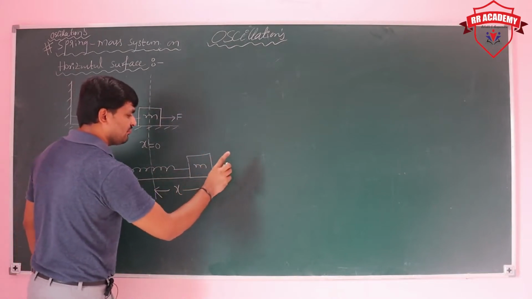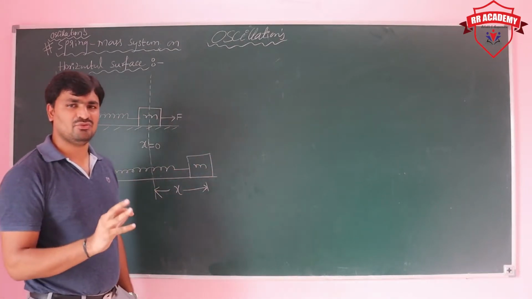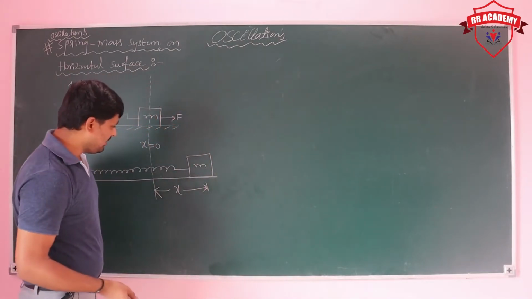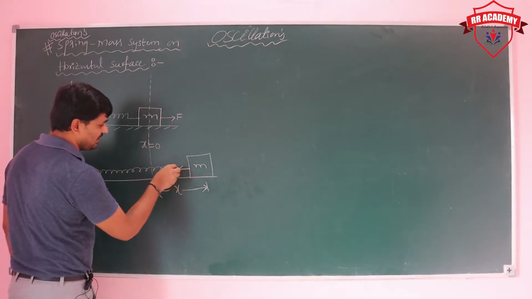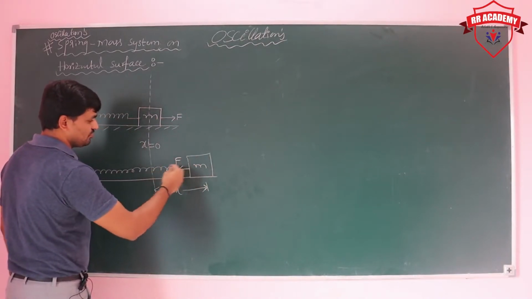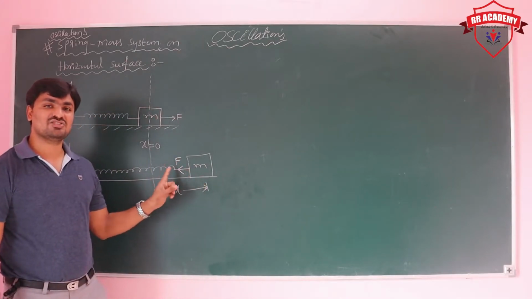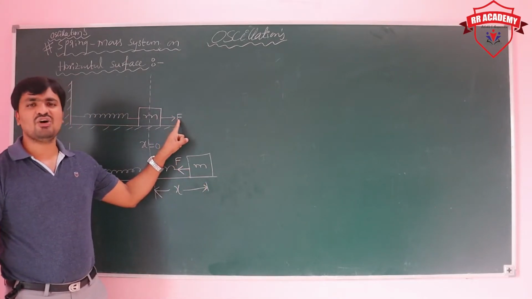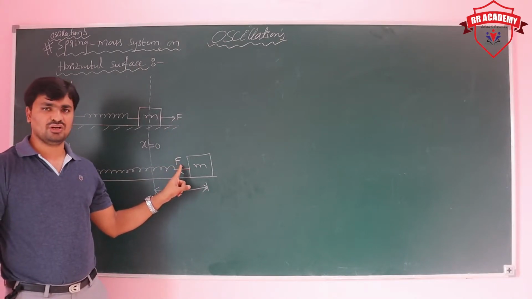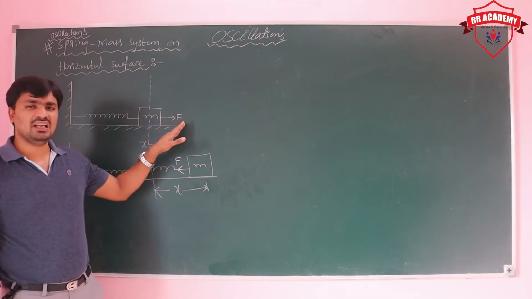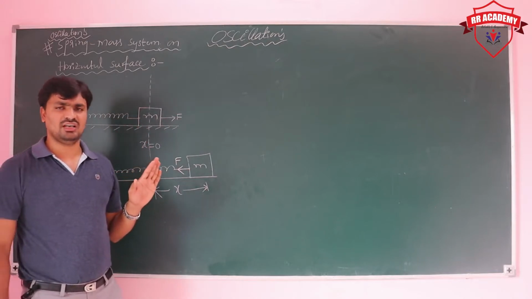Now this deforming force is released. Then the force which tries to bring the particle towards its mean position is named the restoring force. See here, this is the deforming force and this is the restoring force. If you do not apply any deforming force, then there is no restoring force.